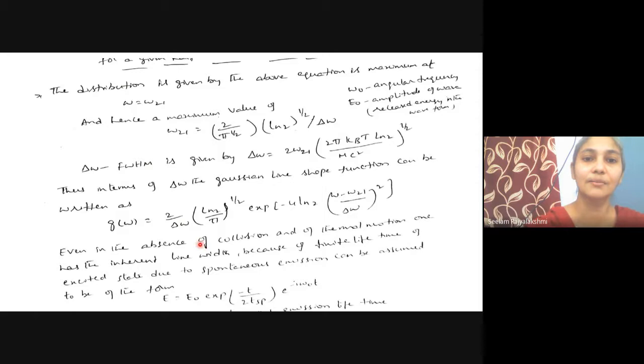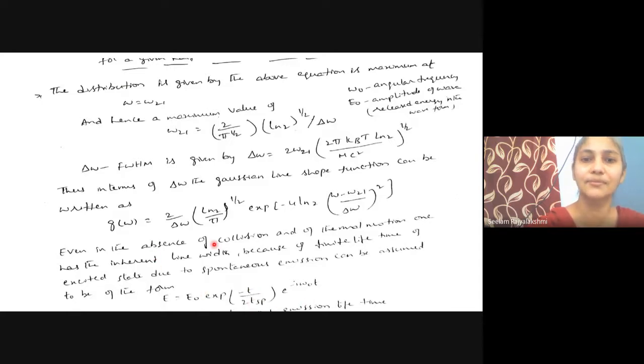Even in the absence of collision and thermal motion, one has an inherent line width because of the finite lifetime of the excited state. Due to spontaneous emission, the field can be assumed to be of the form E equals E naught exponential minus t by 2 tsp into e power minus i omega naught t. Here tsp is nothing but the spontaneous emission lifetime.